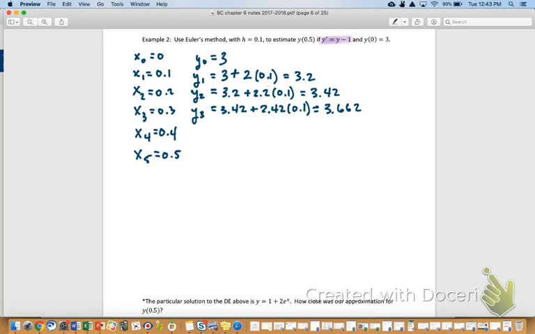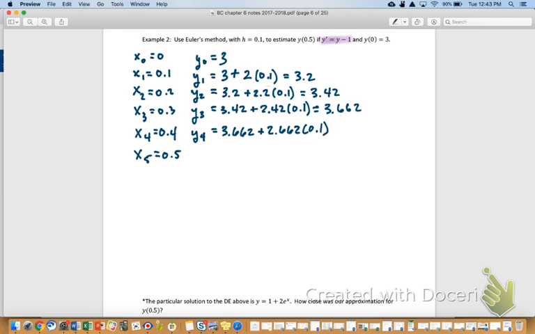All right, y4. Do you see how this is very cyclical, right? Honestly, if you can do one or two of these, you can do all of them. You can do as many as you need to do. So the next one, y4, is going to be completely based on what we had in y3. So it's 3.662 plus 2.662 times 0.1.